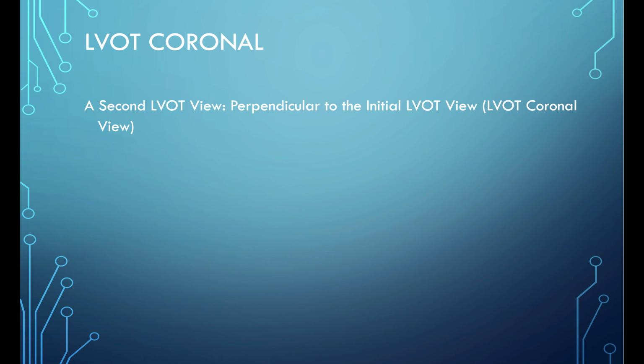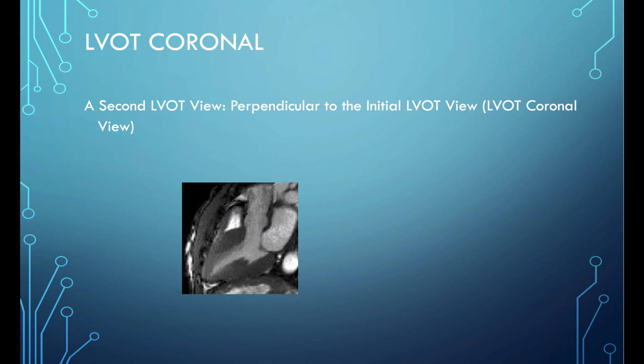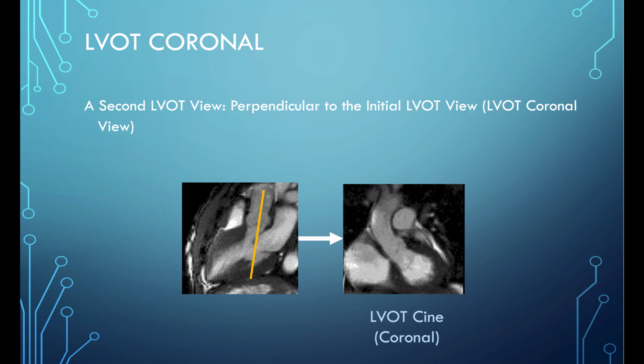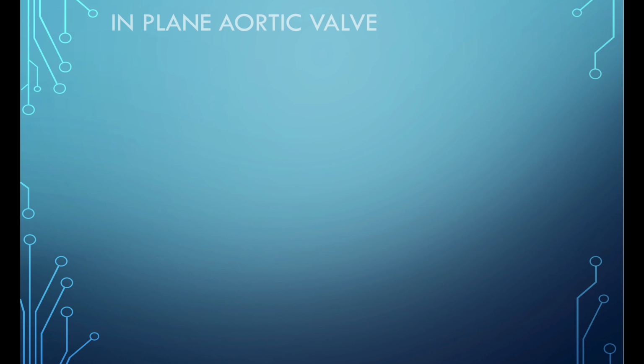And if we get a line passing through the left ventricle, the aortic valve, and inside the ascending thoracic aorta, we get another view of the left ventricular outflow tract. So now we have two views for the left ventricular outflow tract.